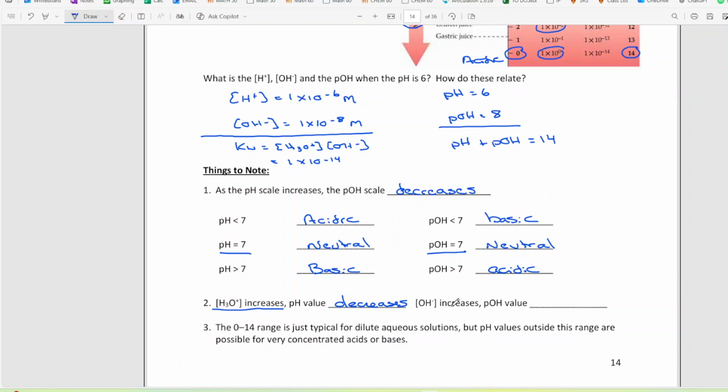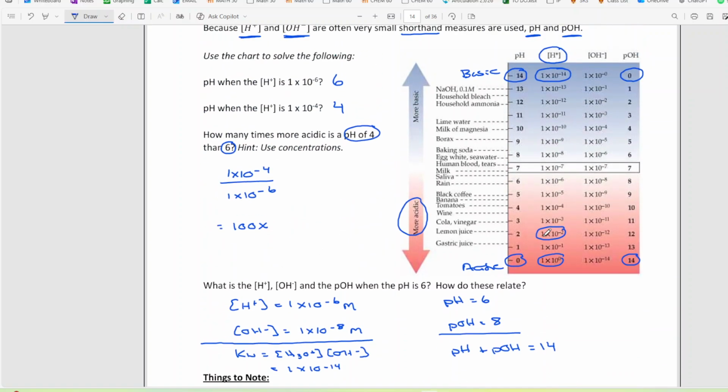Whereas with hydroxide, as the hydroxide ions increase, so this is a very low concentration of hydroxide, very acidic. This is a very high concentration of hydroxide. The same thing happens with the pOH scale. So a pOH of 14 is acidic, just like a pH of 14 is basic, right?